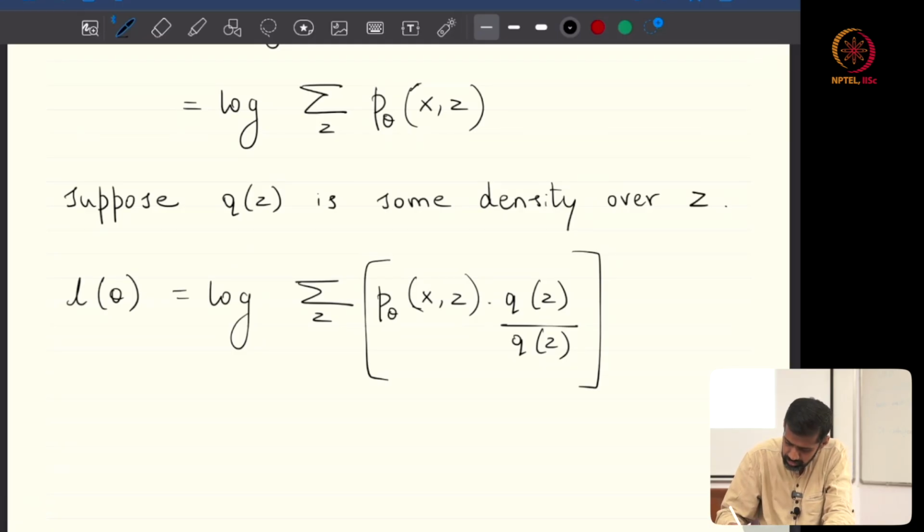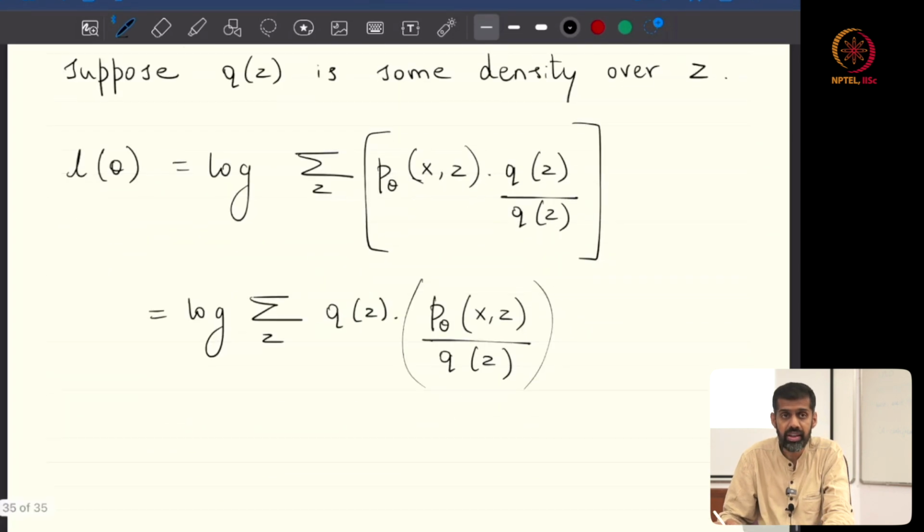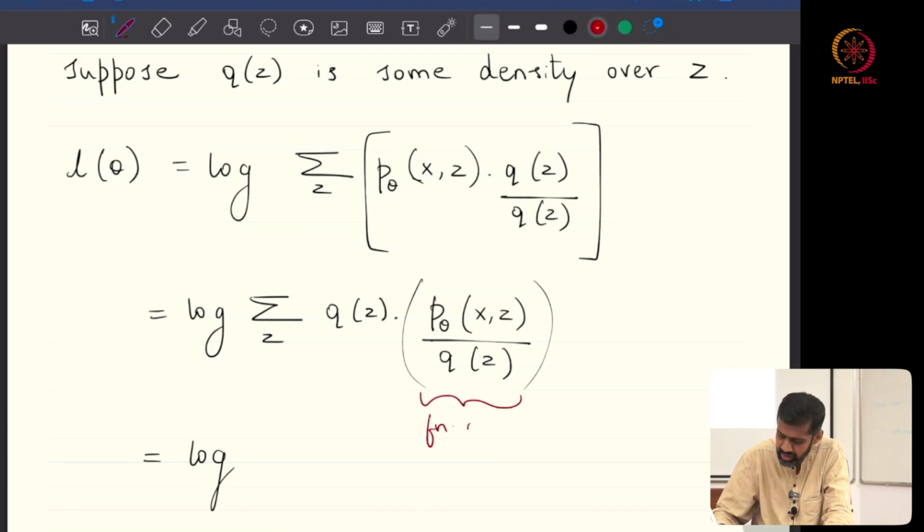Now this is equal to log of sum over z of q(z) times p theta x and z divided by q(z). Alright, this is okay. Now what is this equal to? See, this entire thing inside the parenthesis is some function of z, correct?